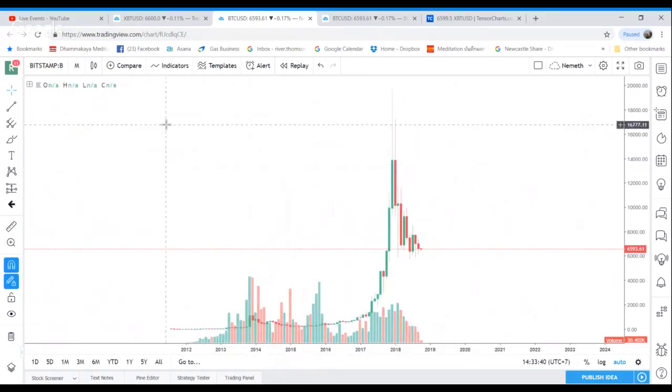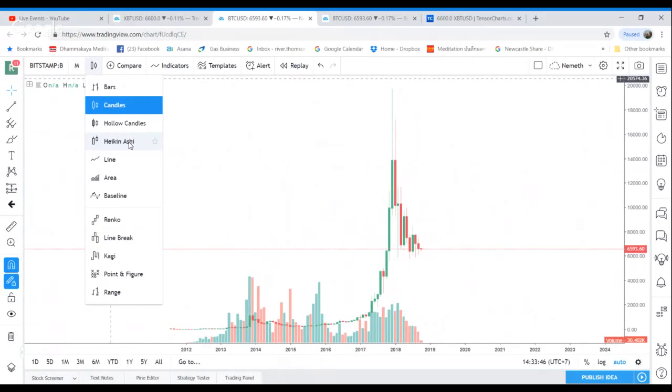So first thing to know about a Joseph Nemeth chart is he uses Heikin Ashi candles. You see here that there's lots of different types if you're using professional. If you're using a free version, I think you only get the first ones. I'm not sure if you even get Heikin Ashi. You certainly don't get these.